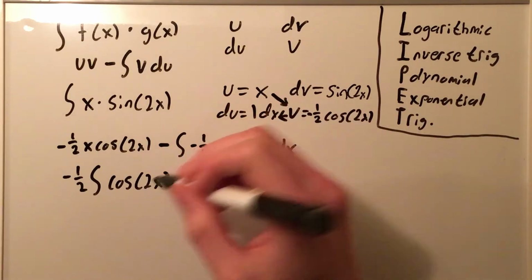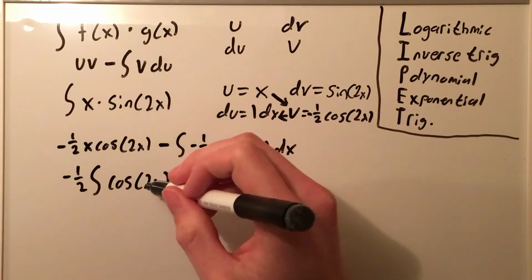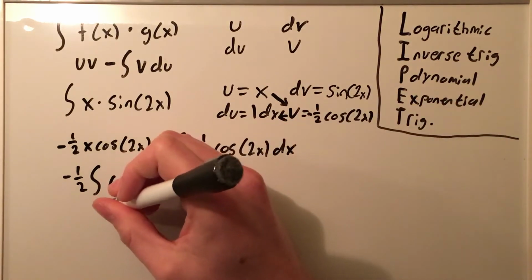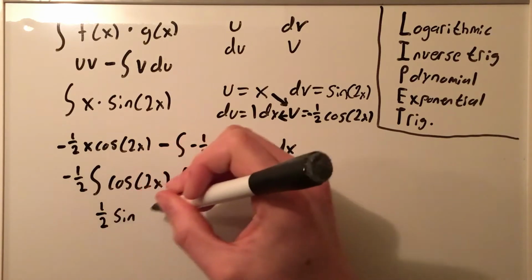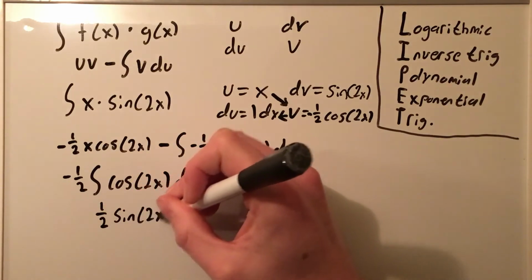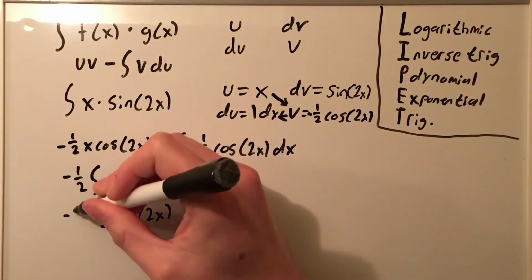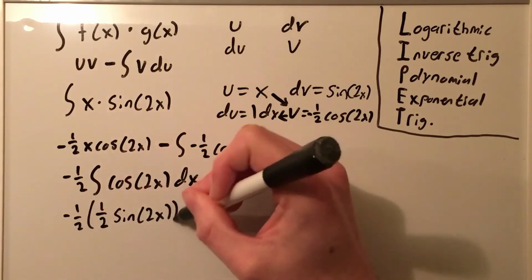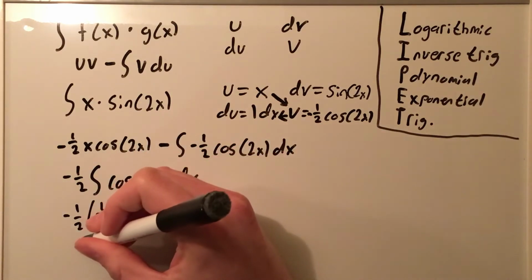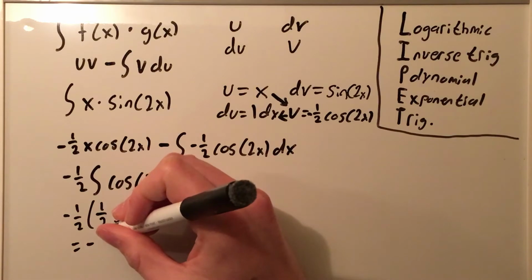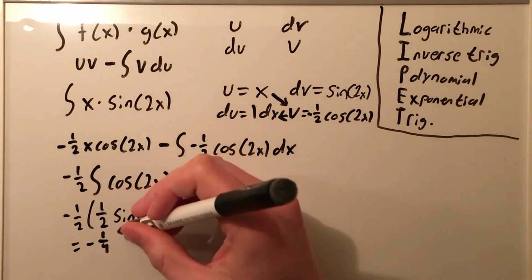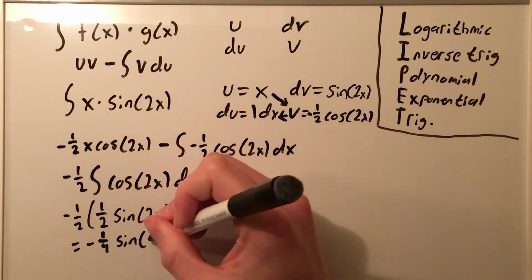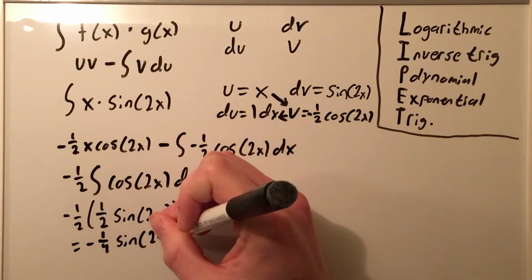I'm going to skip the u-sub step, but basically you sub in u equals 2x, and you end up getting 1/2 times the sine of 2x. Then multiplying by the negative 1/2 we took out, that equals negative 1/4 times the sine of 2x.